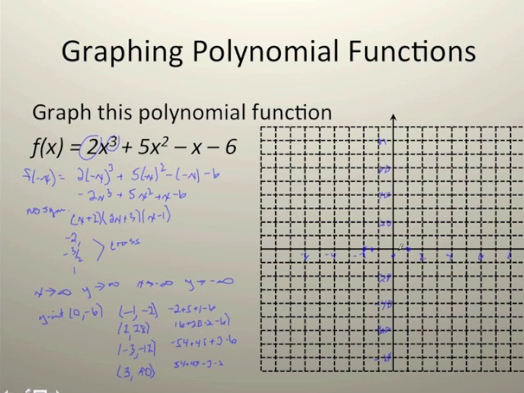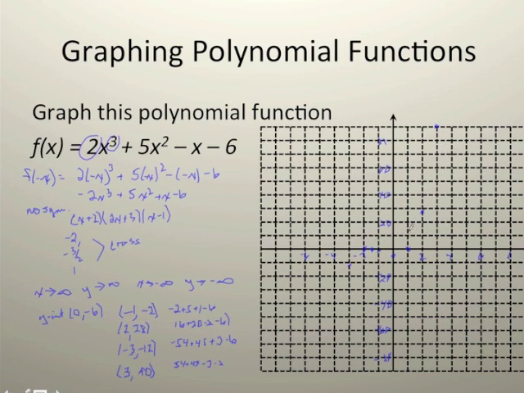We have negative 1, negative 2. We have 2, 28. We have negative 3, negative 12. And we have 3, 90.